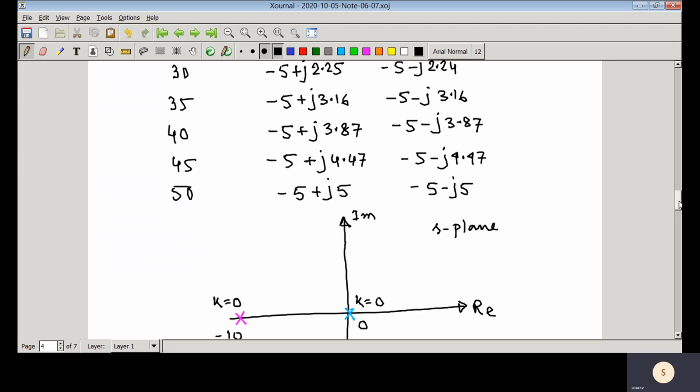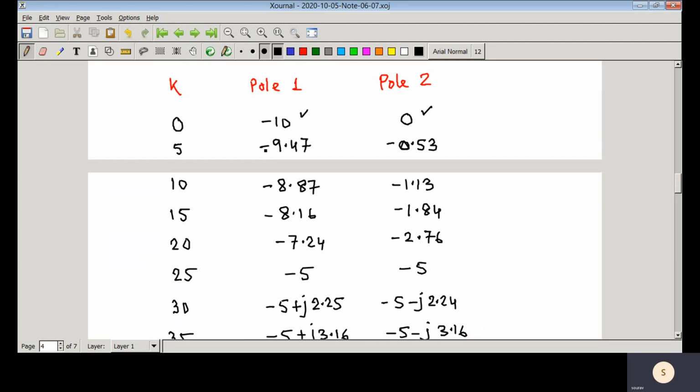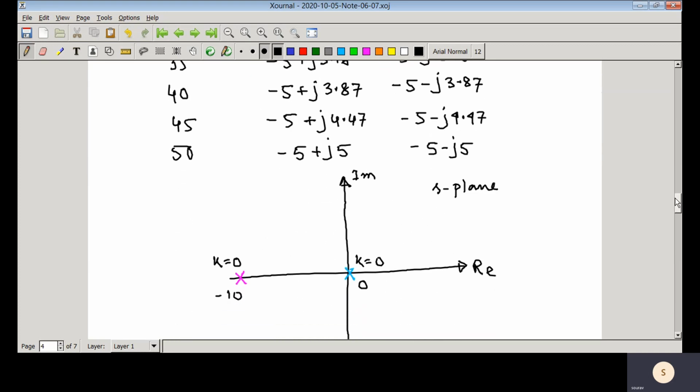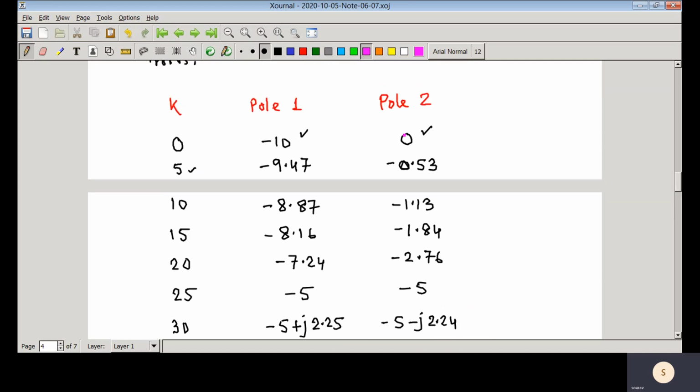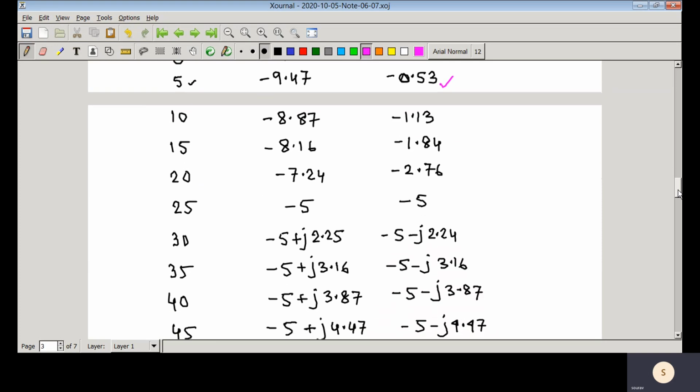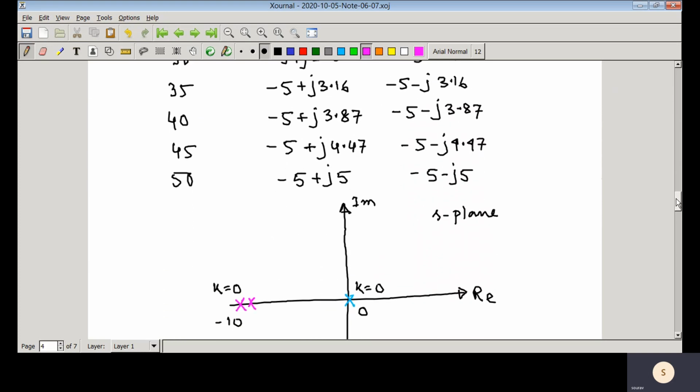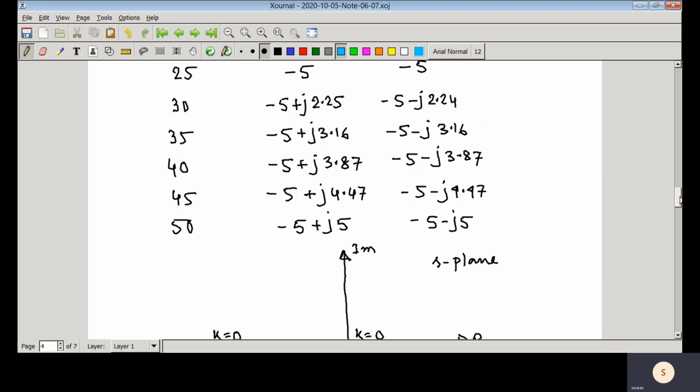So now we can see that whenever k is increasing to 5, this pole becomes minus 9.47, so it is moving along that direction, and the other pole is minus 0.53. So this pole is moving like that.